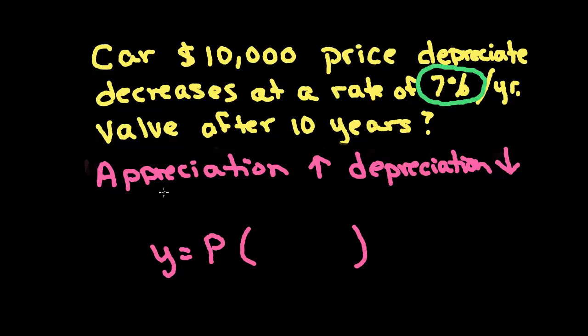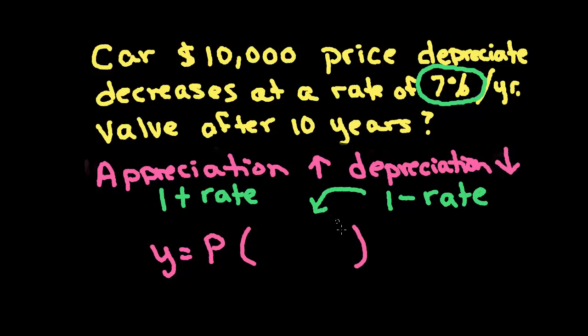If I appreciate in value, then I'm going to add 1 to the rate. But if it depreciates in value, I'm going to do 1 minus the rate. That's what goes into this set of parentheses here. And then it is always raised to the power of x, where x is the number of years, or sometimes the number of periods in an interest type problem.